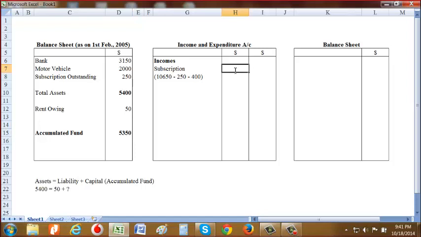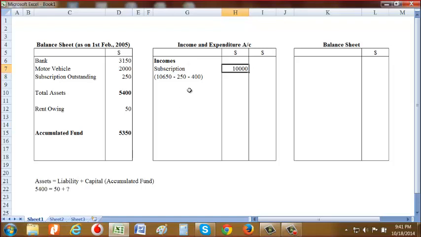So what is my current year subscription? 10,650 total I got. Out of this, 250 belongs to previous year and 400 belongs to next year. So my current year subscription is only 10,000. Only the current year's figure I will take. Understood? So like this I have to make adjustments. Got it or not?